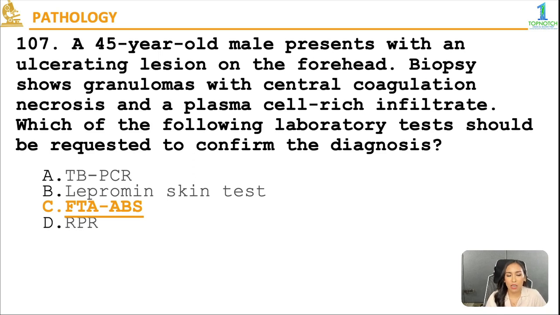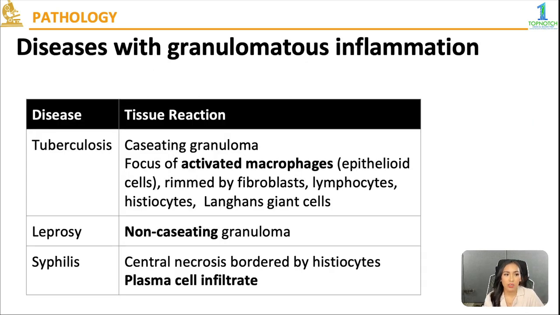So, paano natin nasabi na syphilis to? It's based on the morphology. So, each of those 3 diseases has a different morphology histologically. Let's look at them. For tuberculosis, you have a caseating granuloma with a focus of activated macrophages, rimmed by fibroblasts, lymphocytes, histiocytes, and Langhans giant cells.